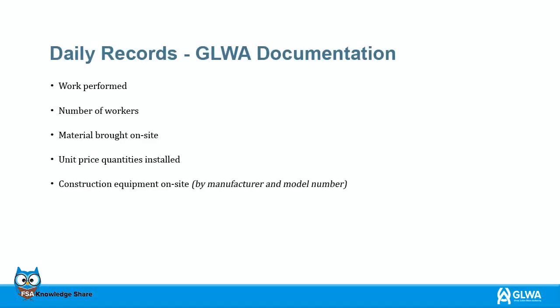In addition to the contractor keeping their daily records, the GLWA site representative should maintain the following records: what was the work performed? How many workers were on site and what materials were brought on site? Unit price quantities that were installed, and what construction equipment was on site during the work performed. This needs to be listed by manufacturer and model number.